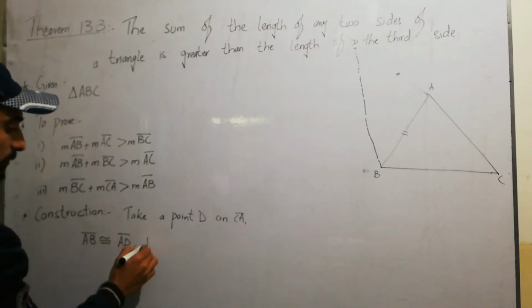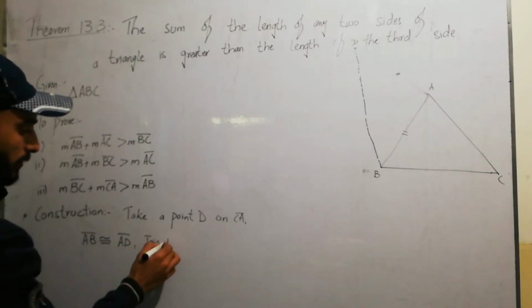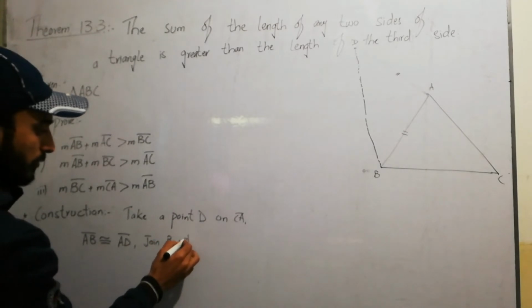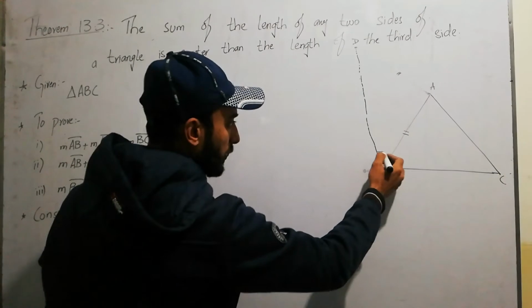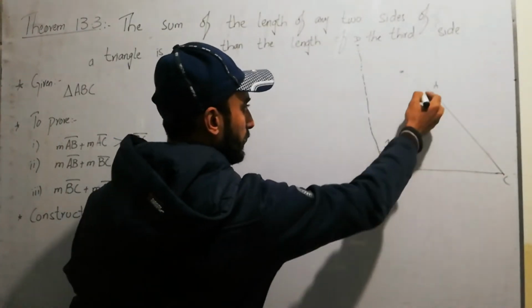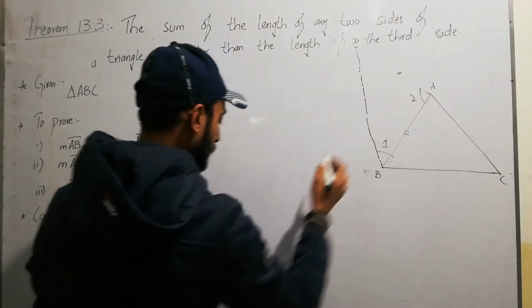Then join B with D and mark angle 1 and 2. Mark this angle 1 and this is angle 2.